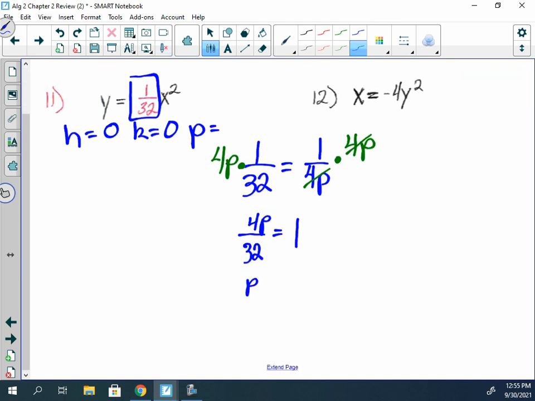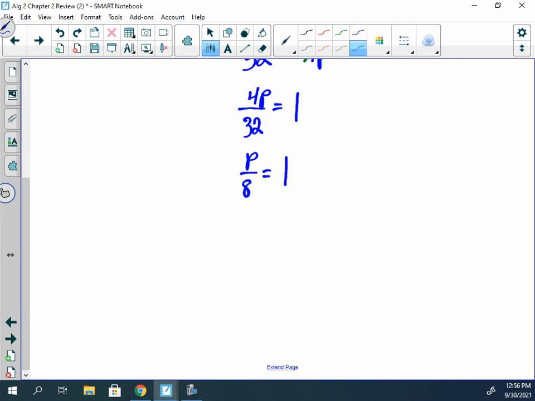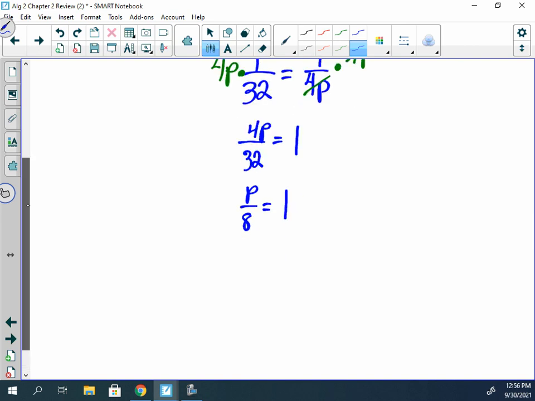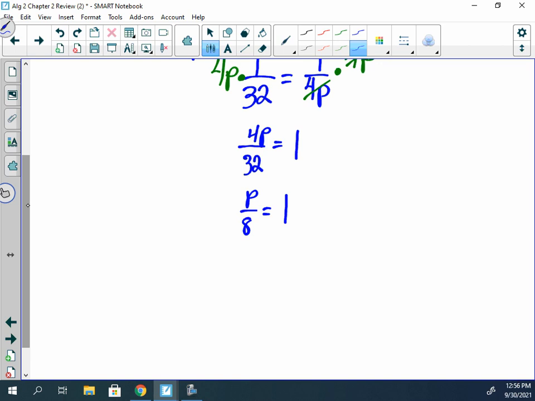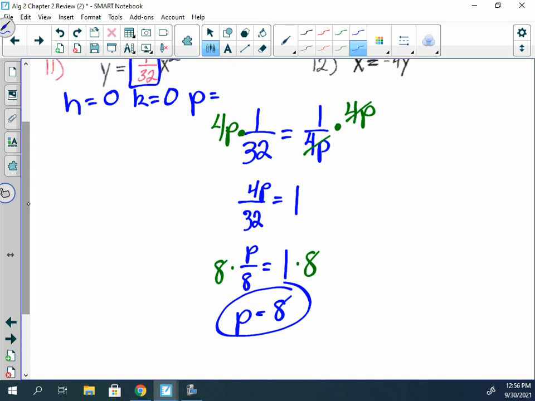Right, because 4 over 32 would simplify to 1/8, and then we could multiply both sides by 8, which tells me that p is equal to 8. P is equal to 8.